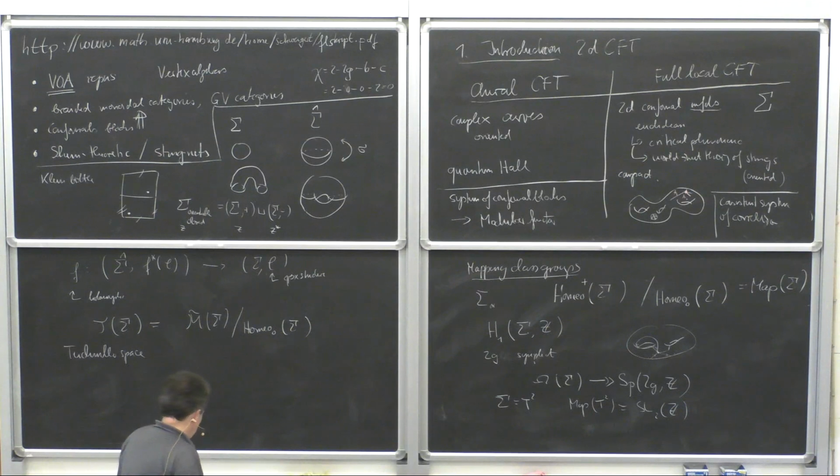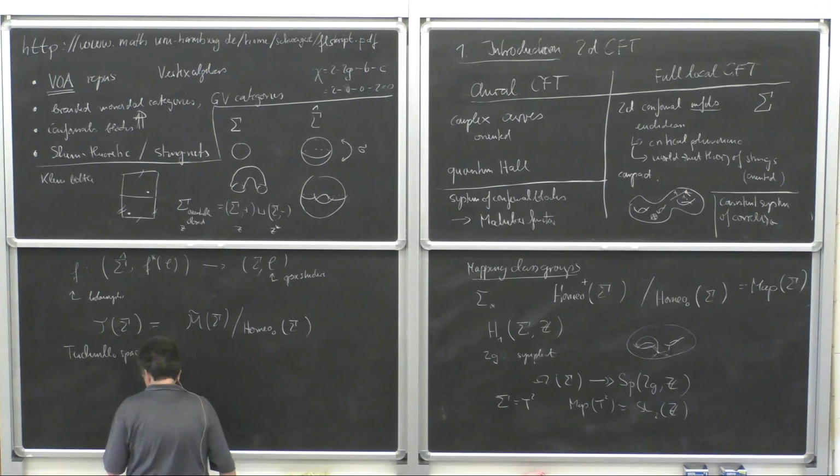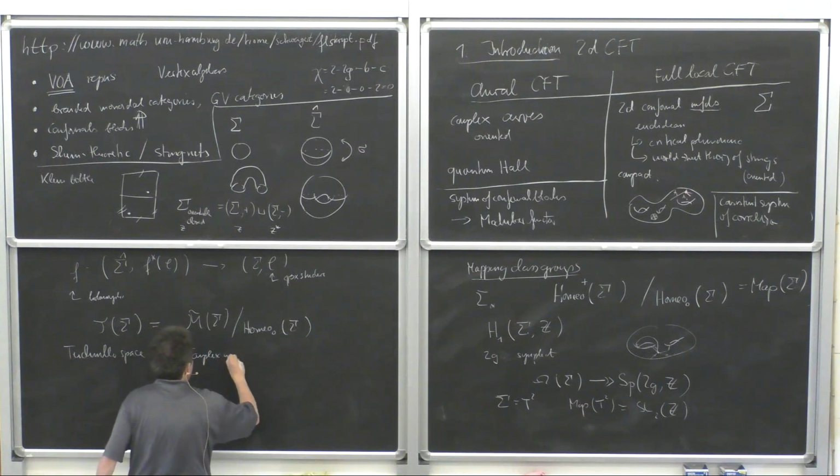So the point is here that Teichmüller space and Teichmüller theory is again a very active field with lots of important results. This is a complex manifold. It's naturally a complex manifold.